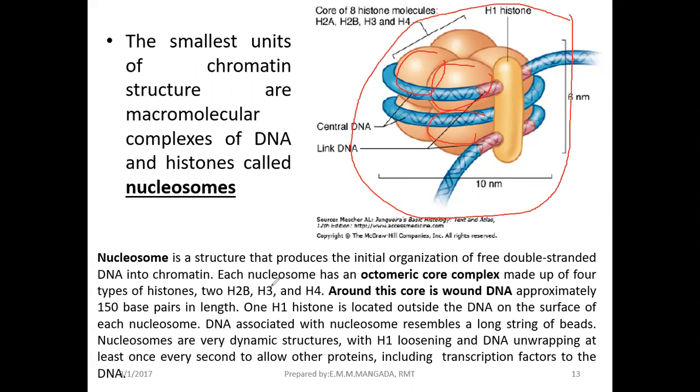Kung makikita nyo dito, we have two H2B, H3, and H4 histones. So, these are the histones. At kung makikita nyo guys, yung histones natin, they're actually surrounded by the central DNA.